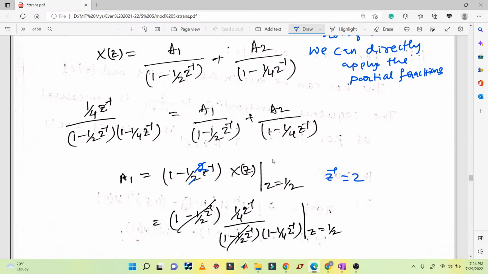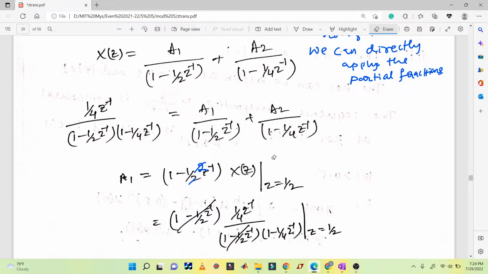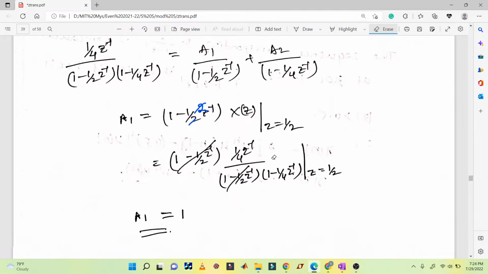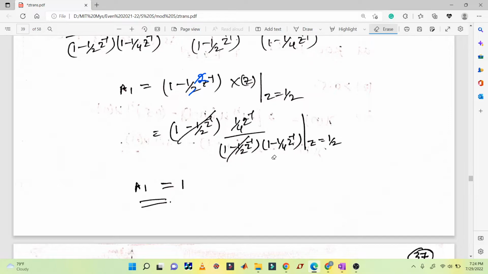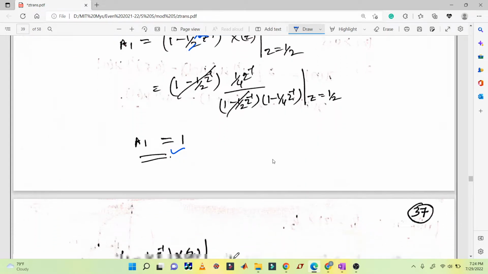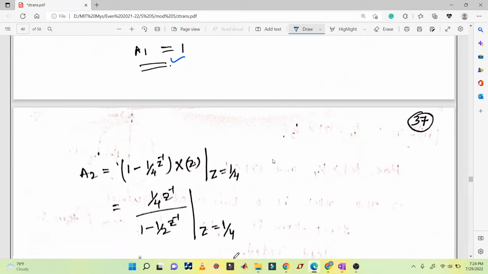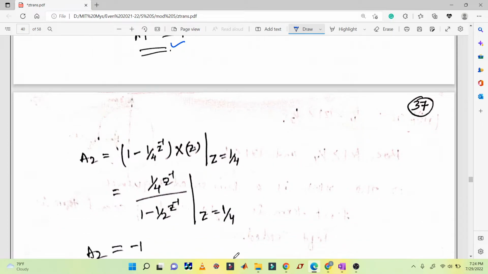So this way of finding a1 and a2 you know already. So a1 is 1. Similarly, a2 is minus 1.